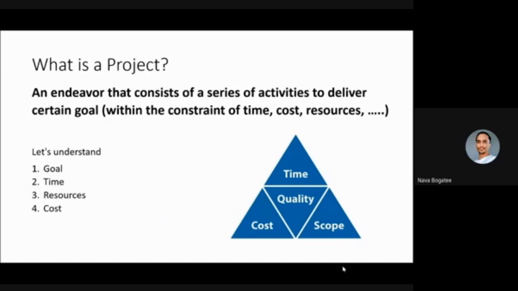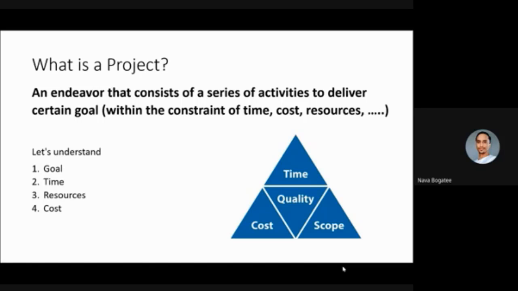Okay, let's try to understand what a goal is. Goal is something that you have in mind so that you are carrying out this project. So what is the goal of your academic project in the first semester? It may be a requirement of your syllabus that you need to do the project. Maybe that's a goal, but just a trivial goal.